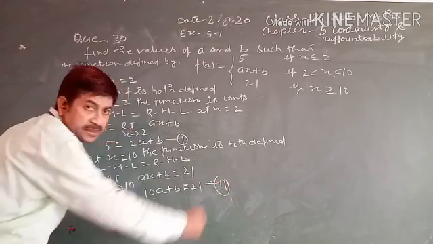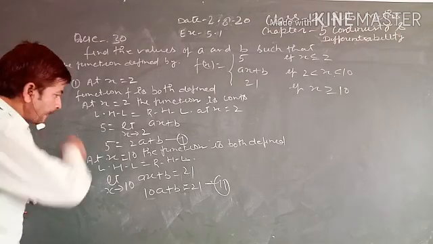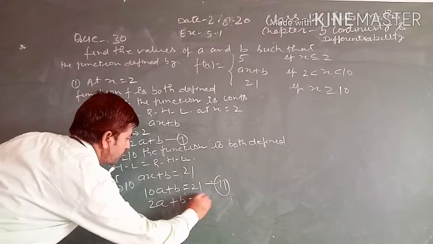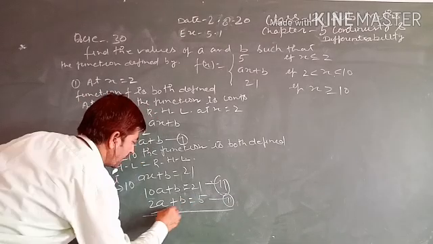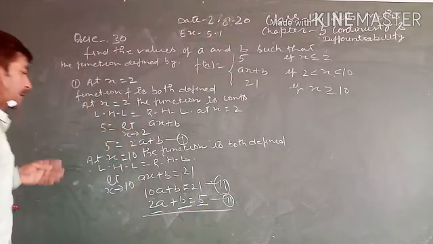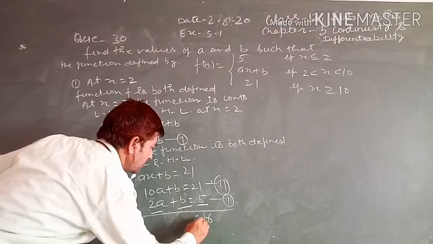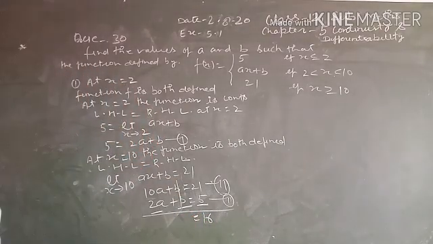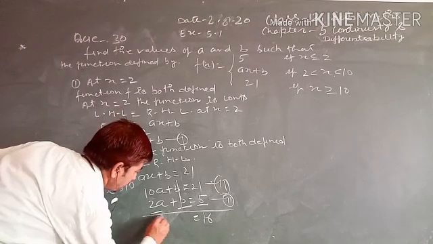It is equation second. Now, on solving first and second, first is 2a plus b equal to 5. On subtracting, 21 minus 5 is 16, and 10a minus 2a is 8a.